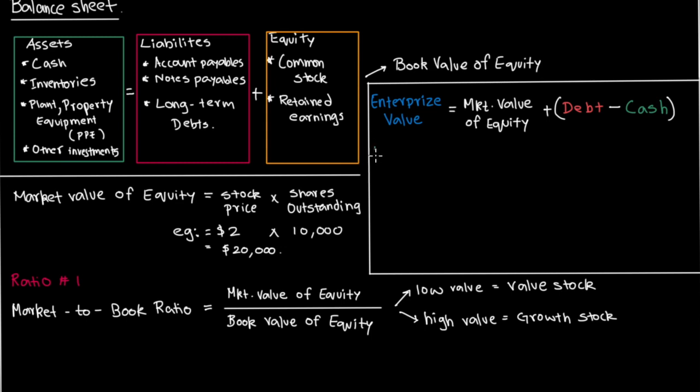So let us go on to the next important thing, which is called the net working capital. These all are derived from the balance sheet, and that is why we're going over them right now. Net working capital is equal to the current assets minus the current liabilities.